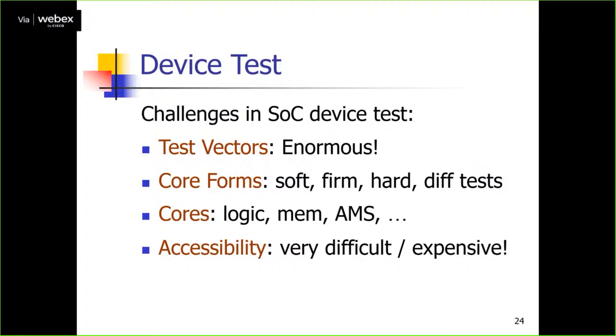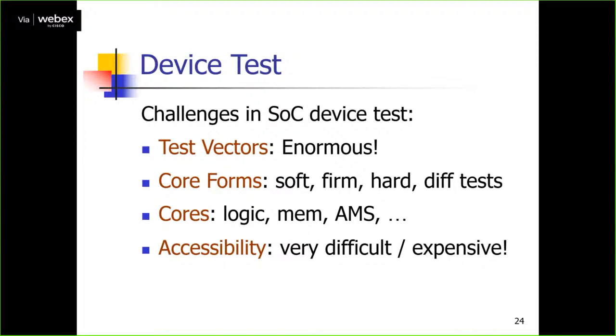So the challenges in SOC device test: the test vectors are enormous. We need enormous test vectors, and different environmental test vectors need to be generated. So there are major factors to be looked at. We have ATPG, automatic test pattern generation, but that is still not the most effective way to generate this enormous number of test vectors.